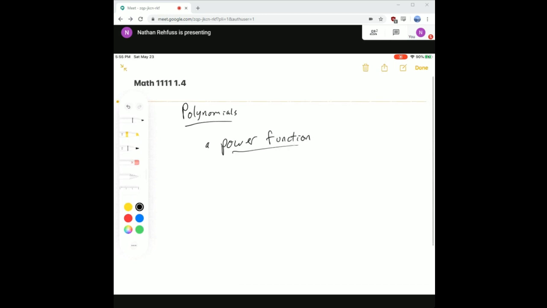So first, let's learn what this is. A power function is any expression of the form a times x to the n.